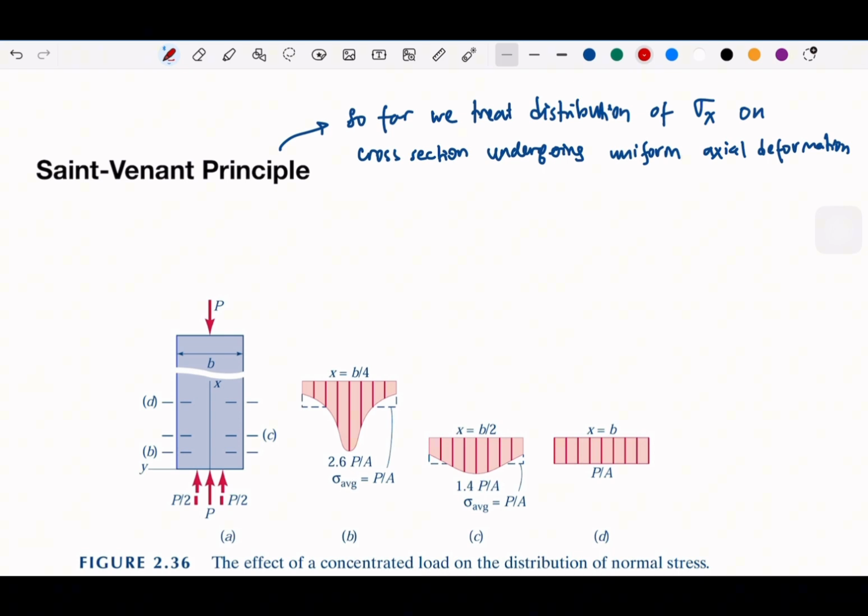So so far this is our assumption. All of the axial deformations are going to be uniform.